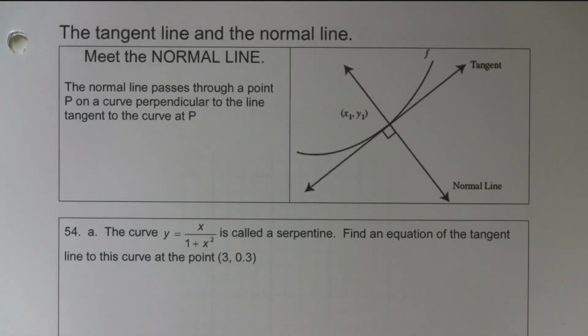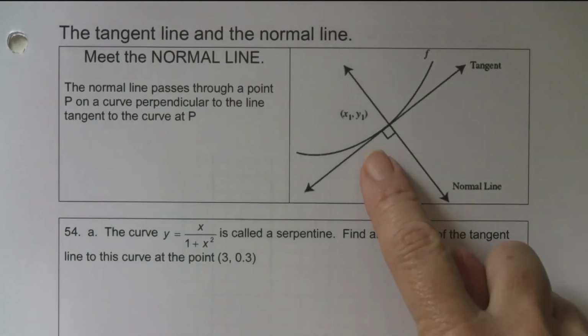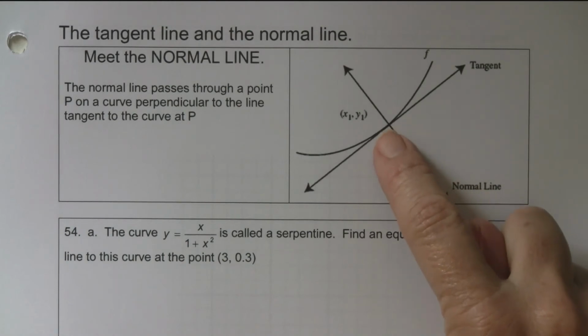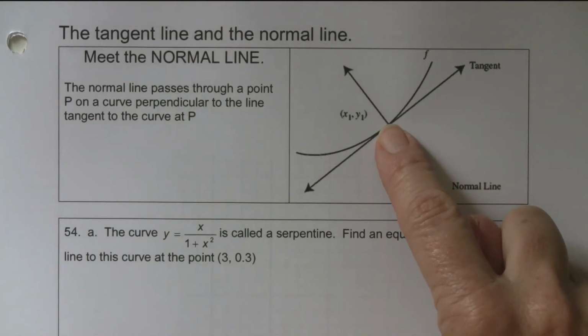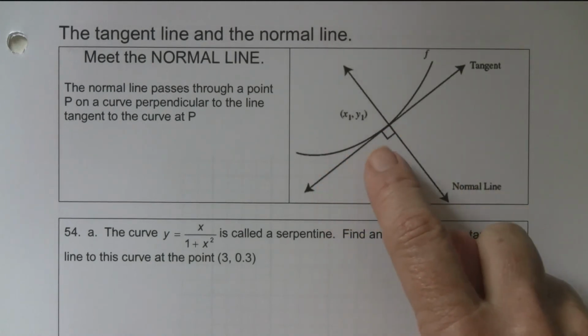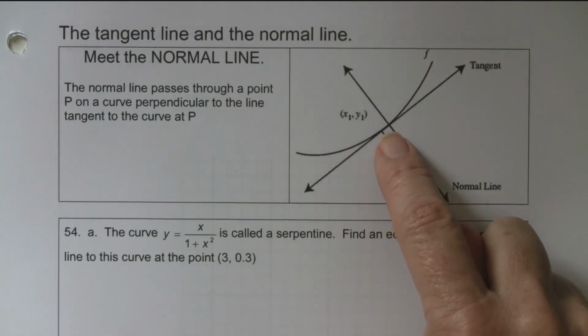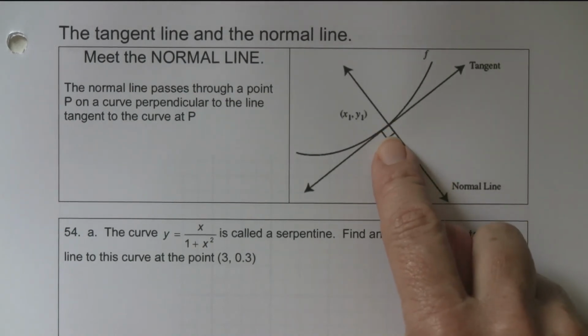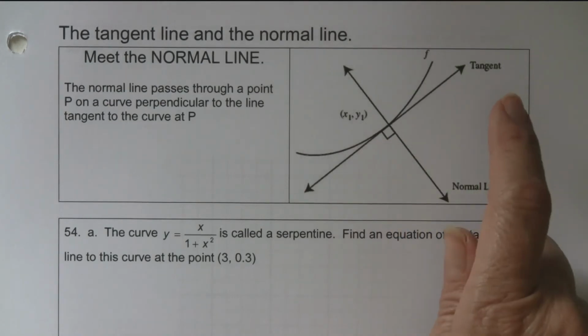The tangent line and the normal line. The tangent line at a point has the same slope as the curve at that point. The normal line intersects the curve at that point and is perpendicular to the tangent line.